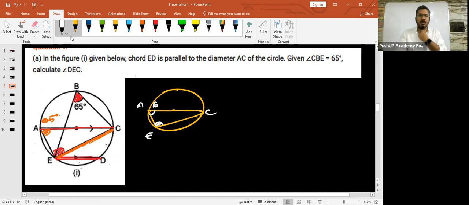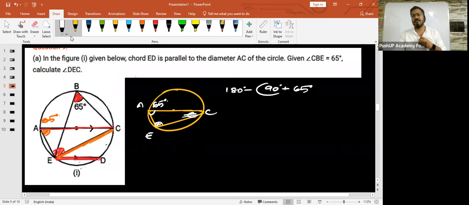This angle is equal to 65 degrees. Can't I find the third angle? I can find the third angle. How much would be the third angle? 180 minus the sum of 90 and 65. So that is 180 minus 155. And that is equal to 25 degrees. So this angle is 25 degrees.